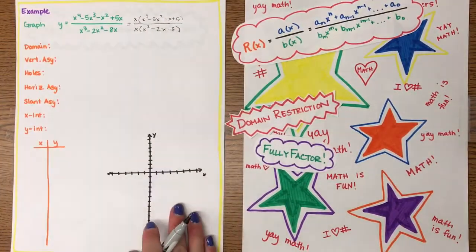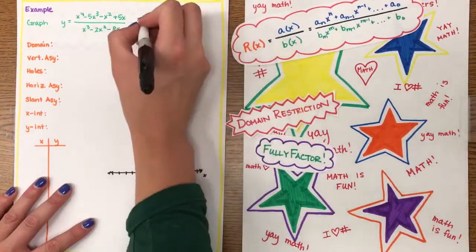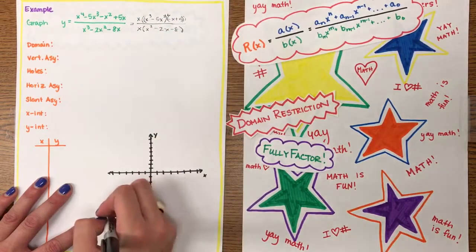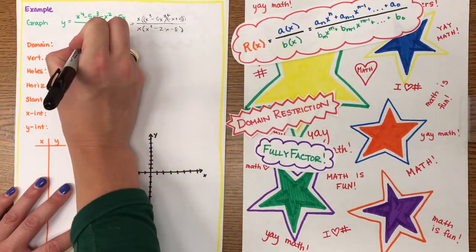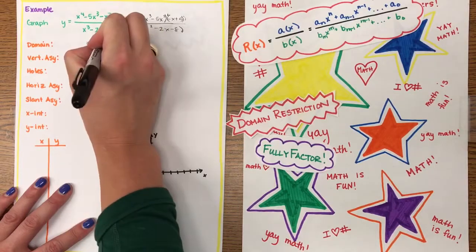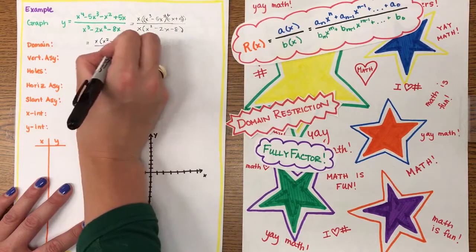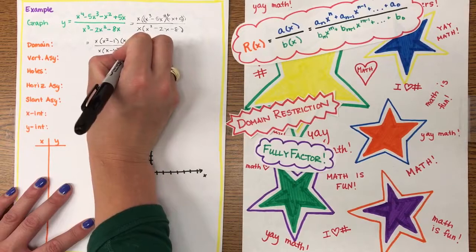The numerator is factorable through grouping. So I want to go through and do some grouping. When you group our first two terms and the second two terms, you can factor out a common factor, and this will become x times x squared minus 1 times x minus 5, and the denominator will become x times x minus 4 times x plus 2.